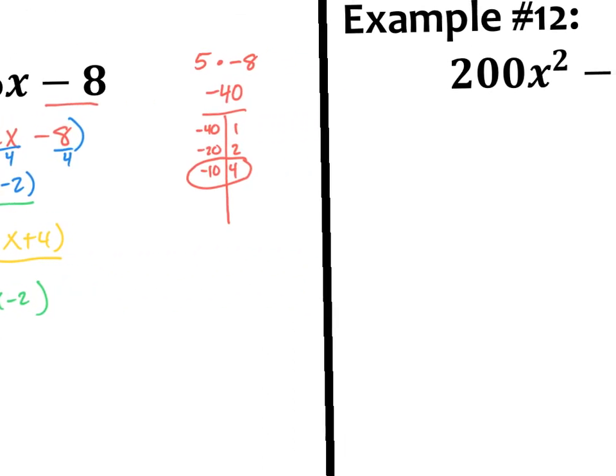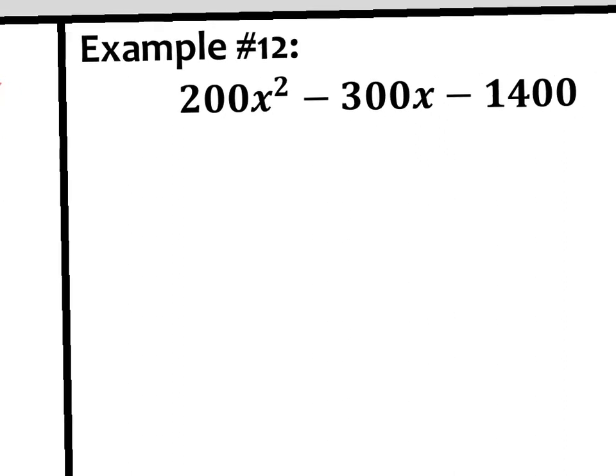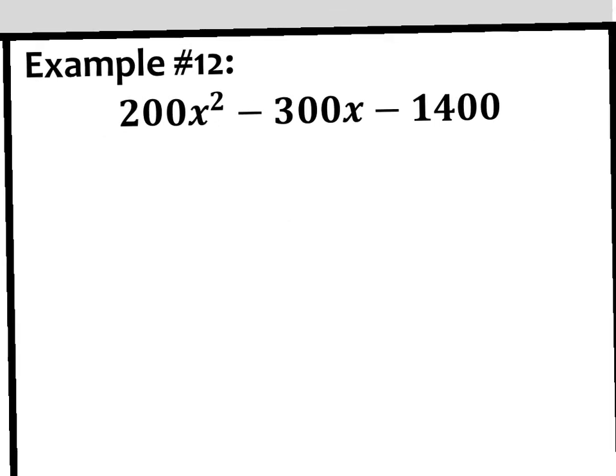All right, moving on to our last problem, number 12. Okay, first things first. Do we have a greatest common factor? We do. We definitely do. We can divide all of these by 100, okay? So that's what I'm going to do first. I'm going to divide each and every one of these factors by 100.